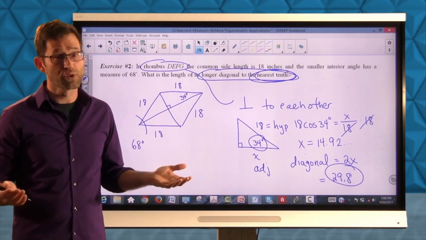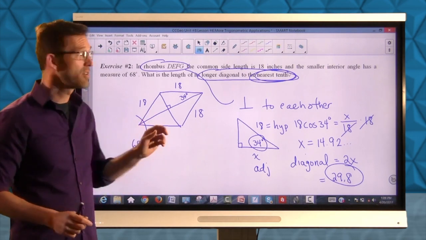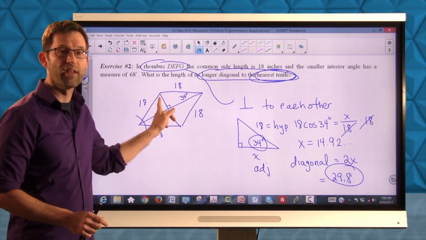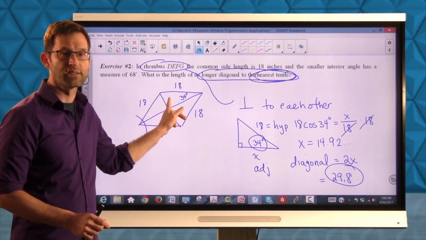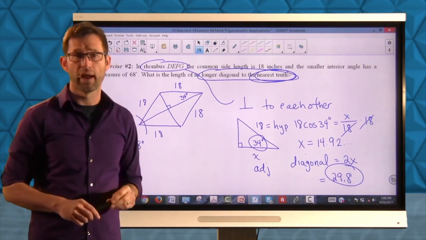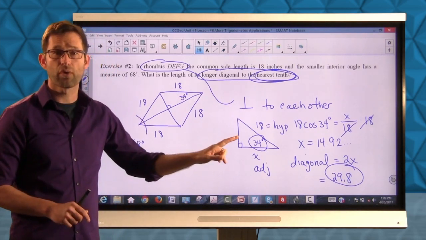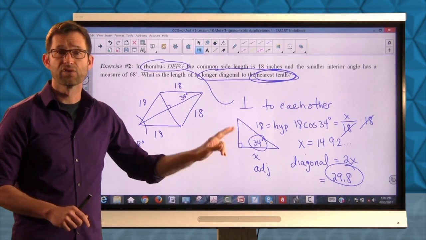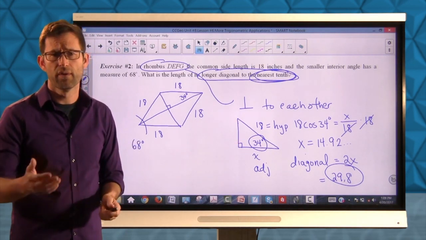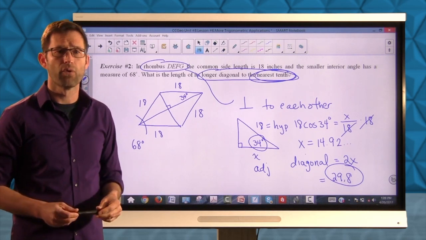The other piece was that the 68-degree angle gets bisected by the diagonals, so it got cut into two 34-degree angles. That allows us to extract one of those right triangles and solve for half the diagonal length, and then double it to get our full diagonal.